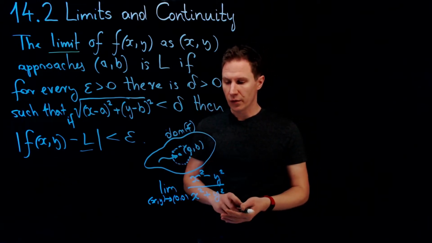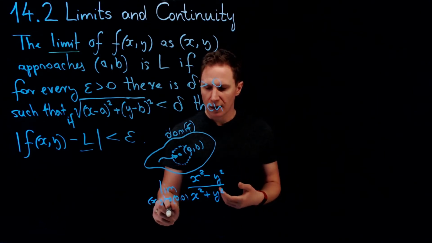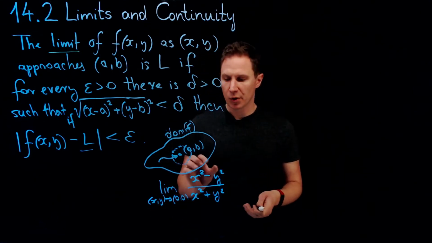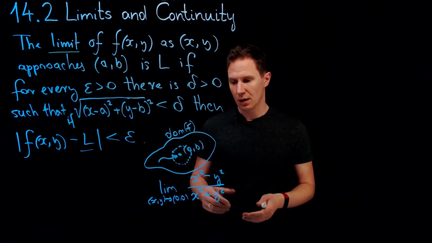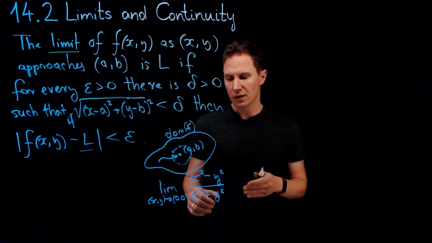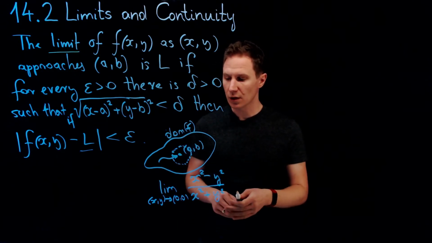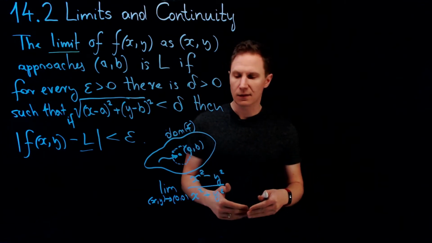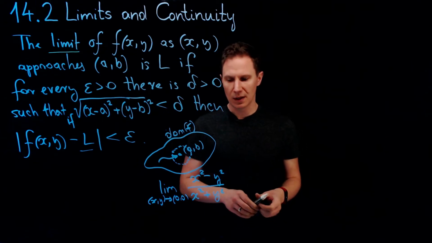The hint I'm giving you is to consider approaching the origin along two different curves: one is the x-axis, and the other is the y-axis. So pause the video and select your answer below.